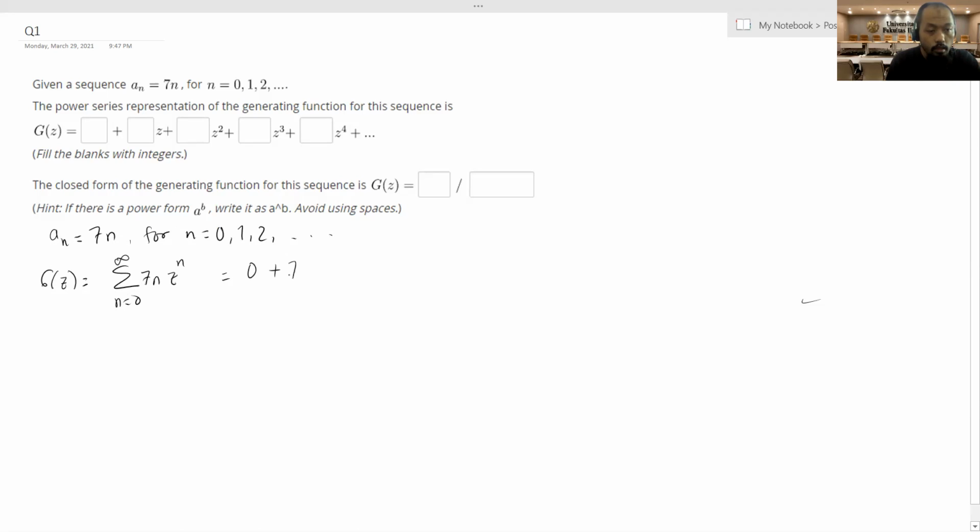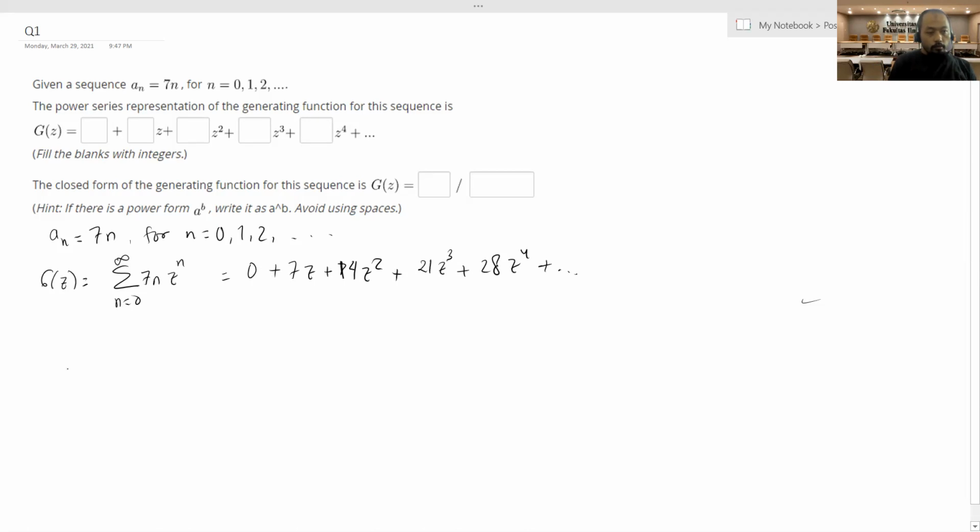Oh, I forgot the z here. Yes, that's the correct one. Now that means the blanks would be filled with 0, 7, 14, 21, and 28.